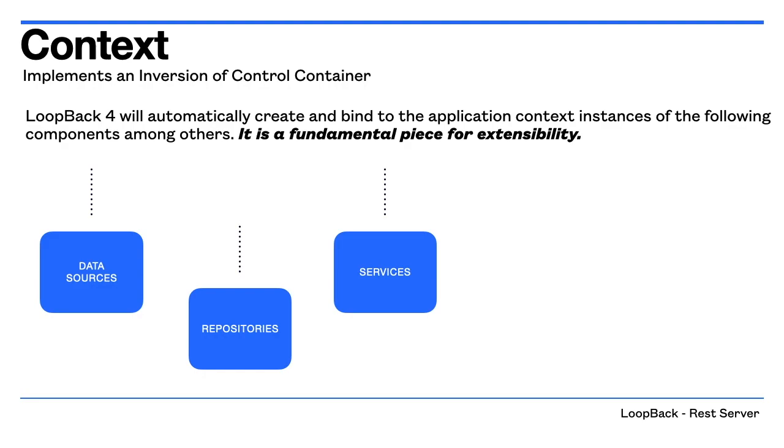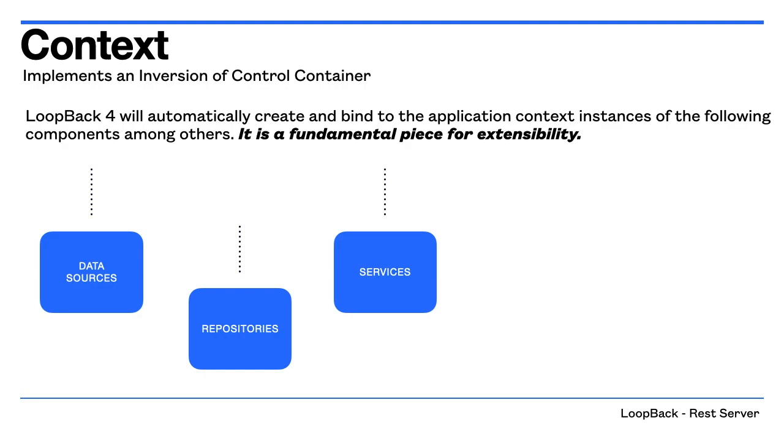Who's going to be registering these artifacts? Well, it's called a booter. So a booter is going to be reading the directory, for example, for services, it's going to be scanning the /services directory or the /controllers directory. It finds the controller or service, instantiates it, and then registers that instance by binding it to the context.